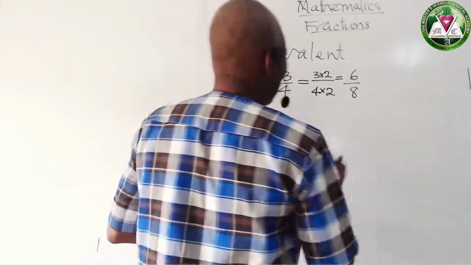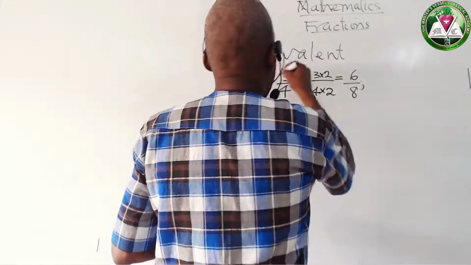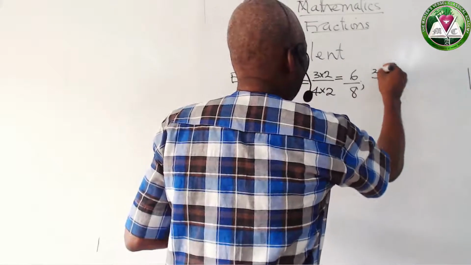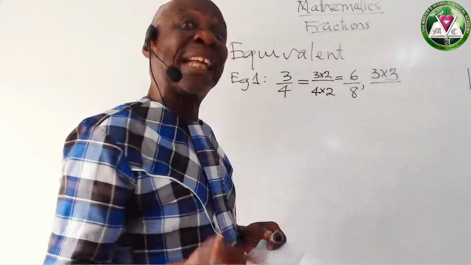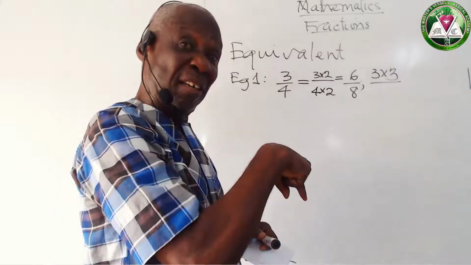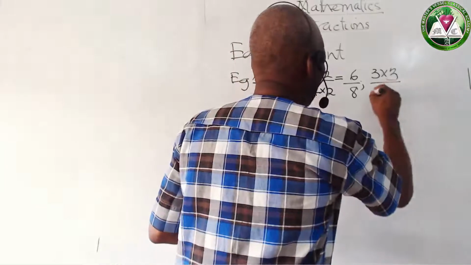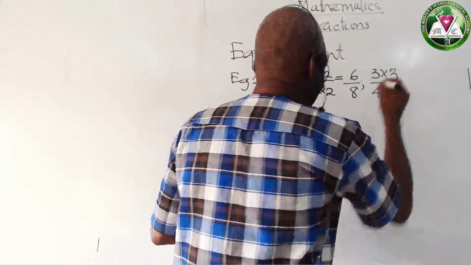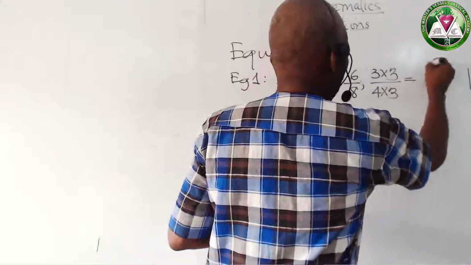Suppose I say that I don't want that. What I want is to multiply 3 by 3. What shall I do to the denominator? Same thing. That same number I used in multiplying the numerator, I will use it in multiplying the denominator. So the denominator we know is 4, but it has to be multiplied by 3. So if I multiply out the top, that will give me 9.